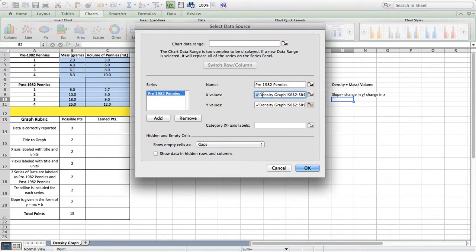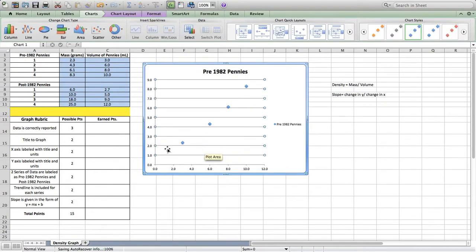My x values, I want to be the volume, and so I'm just going to make sure, and now I'm going to hit OK. And so right there we see those are all of my pre-1982 values. And again, that's the mass, plotted over the volume.